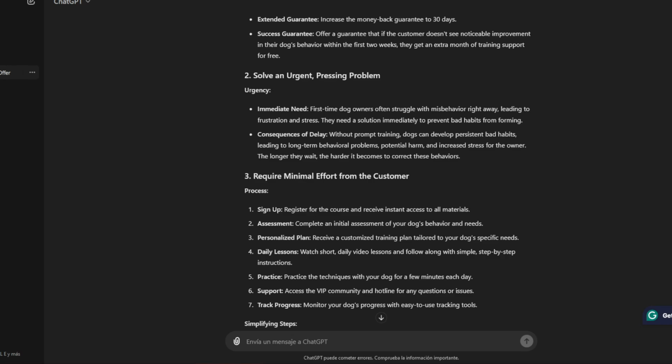This part is going to give us more clarity on the problem that we are solving. Remember, if you're solving a problem in the future, maybe that is not going to give you as many sales as if you were addressing a problem that your customer is having right now.